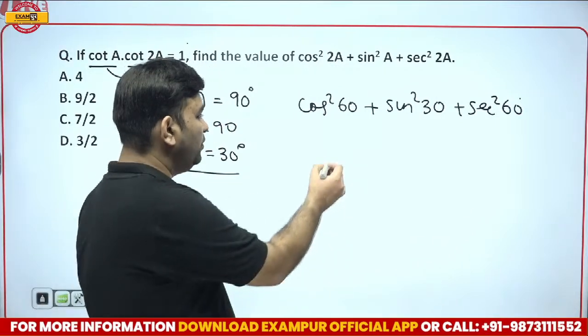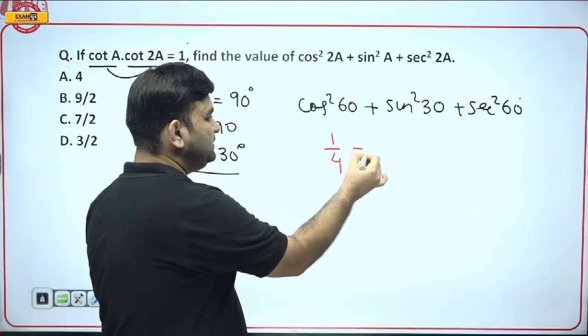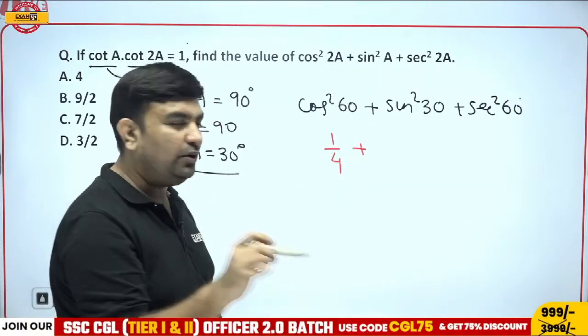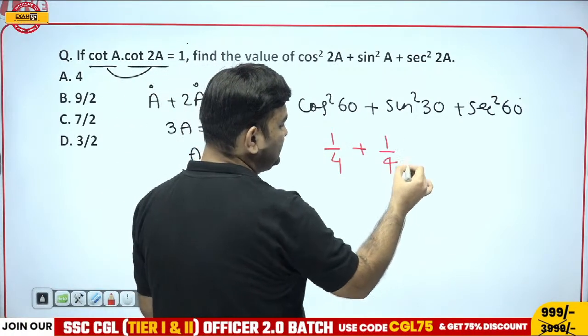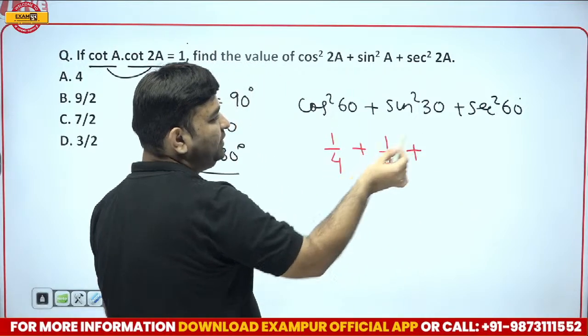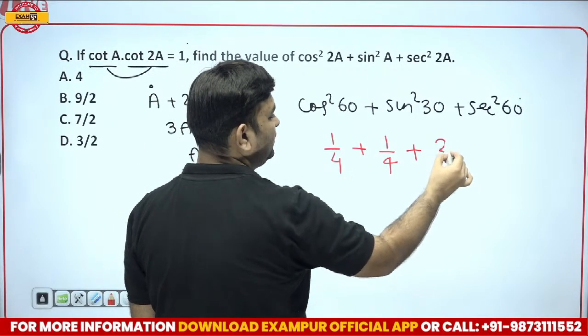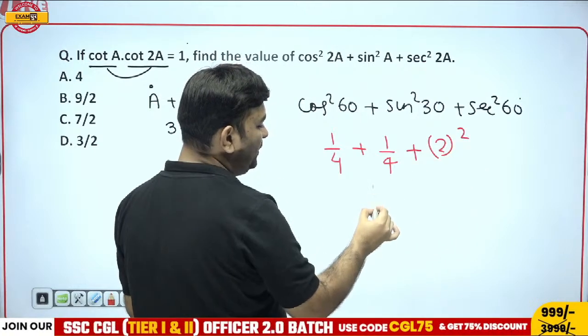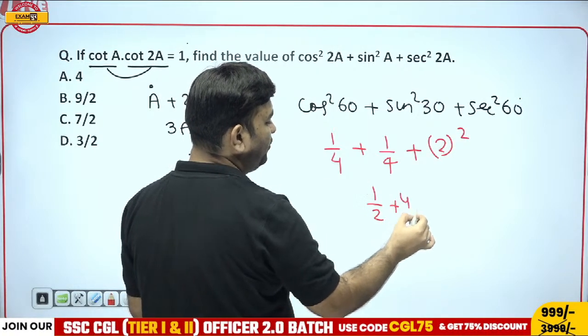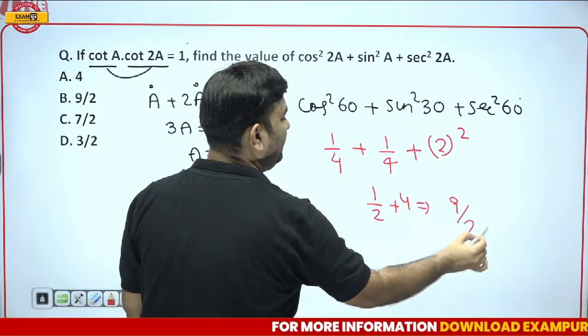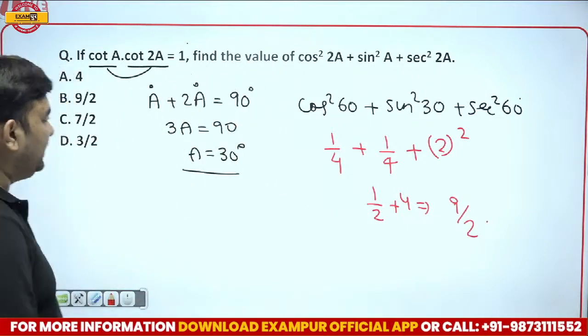The square of 1 by 2 is 1 by 4. Sin 30 is also 1 by 2, and its square is 1 by 4. Sec 60: cos 60 is 1 by 2, so sec 60 is 2, and its square is 4. 1 by 4 plus 1 by 4 is 1 by 2. Plus 4 is 4 and a half, that is 9 by 2.